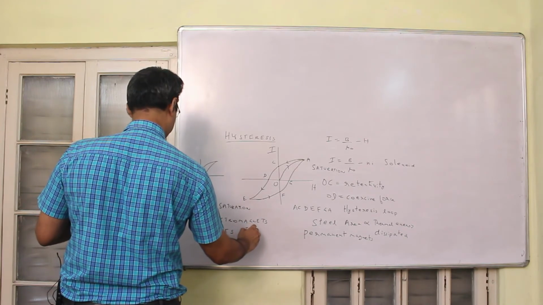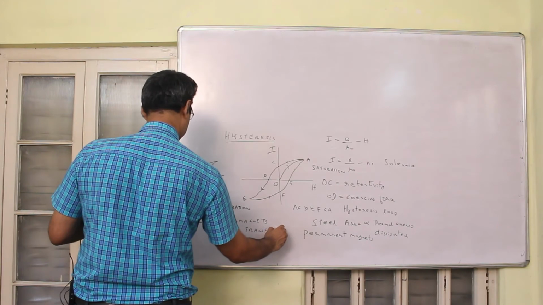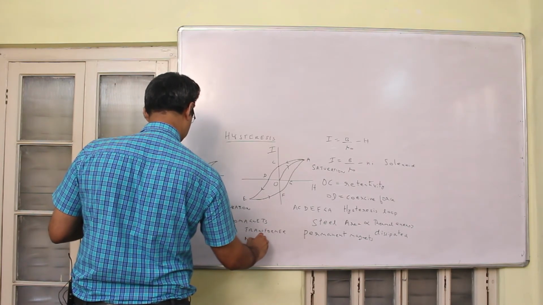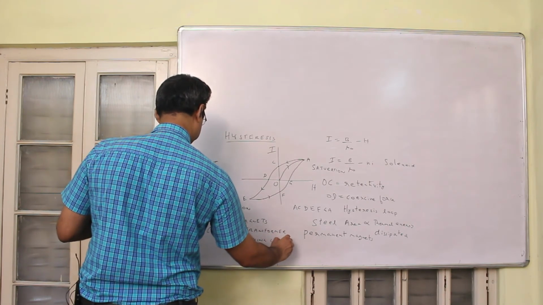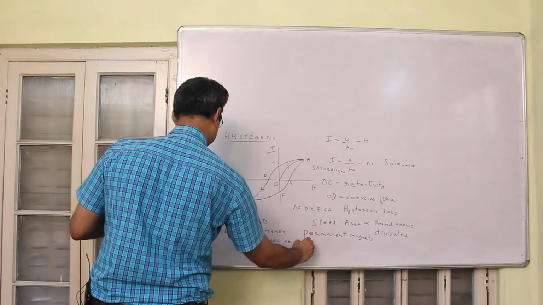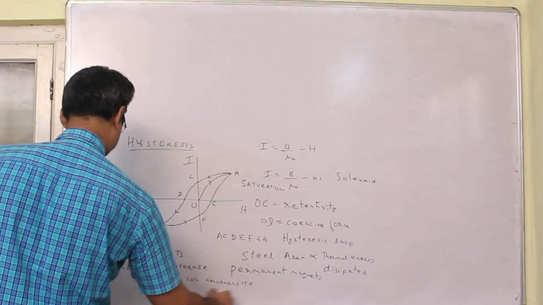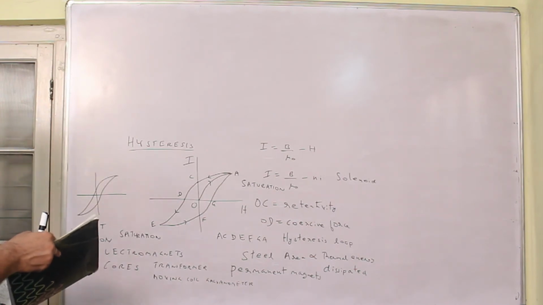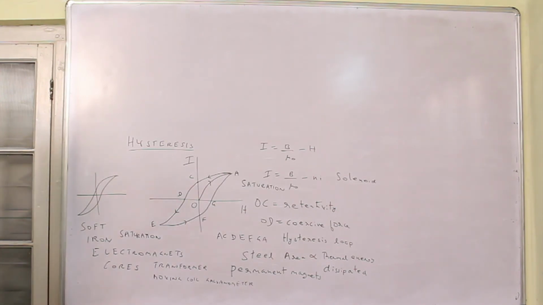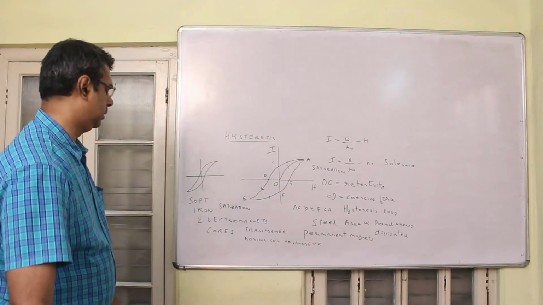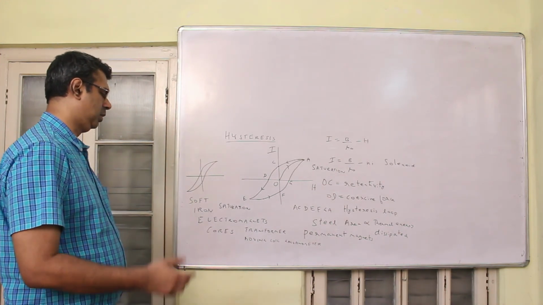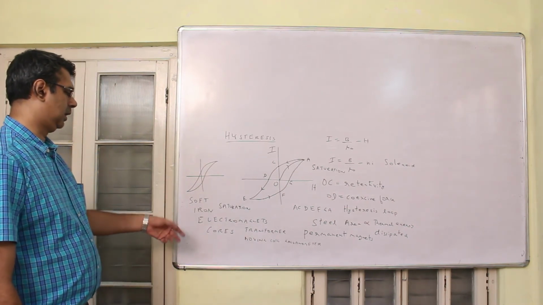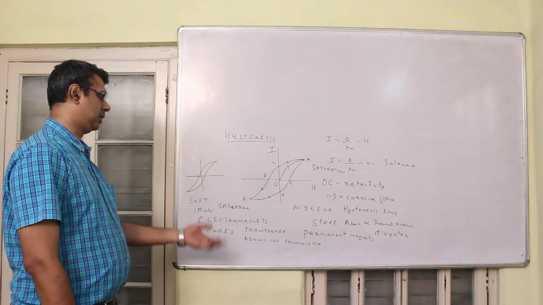Soft iron cores are used in transformers, moving coil galvanometers, etc. These are places where the magnetism is not retained to a large extent, and once you remove the current source, the magnetism is completely reversed.